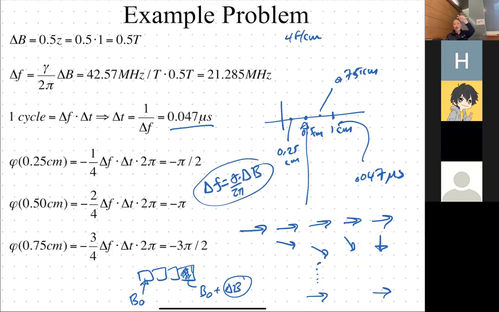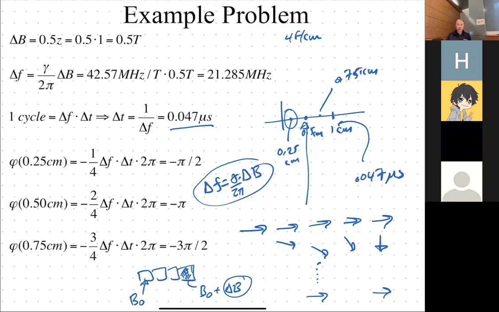If I go twice as slow, I'm only going to go pi, and pi and negative pi don't matter. But let's say I'm this spin here, which has 1/4 of the frequency difference. It's going to go 4 times as slow, but it's still faster than the spin at the isocenter. So instead of going around 2 pi, it only makes 1/4 of the way there, but it's faster, so it's still a negative angle. So that's minus pi over 2. Okay.